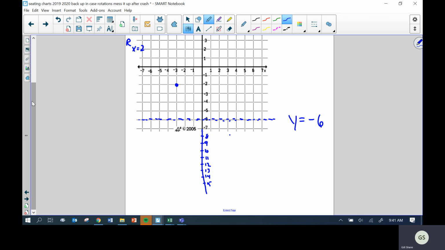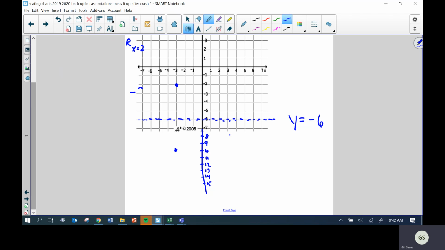So again, 4 would be 1, 2, 3, 4. So I would be at -10. Did my x value change? I was at -3. I'm just flipping it over the line. Now I'm at -3 comma -10.